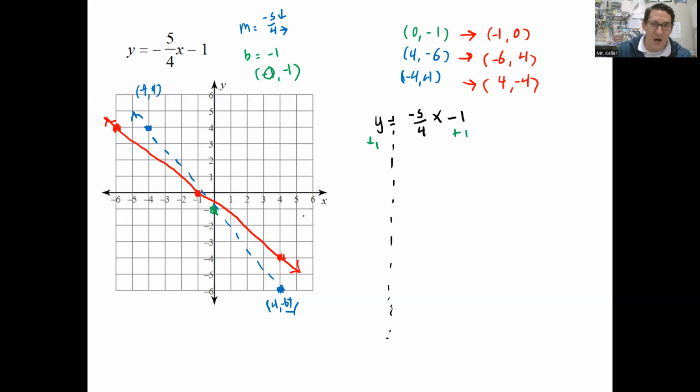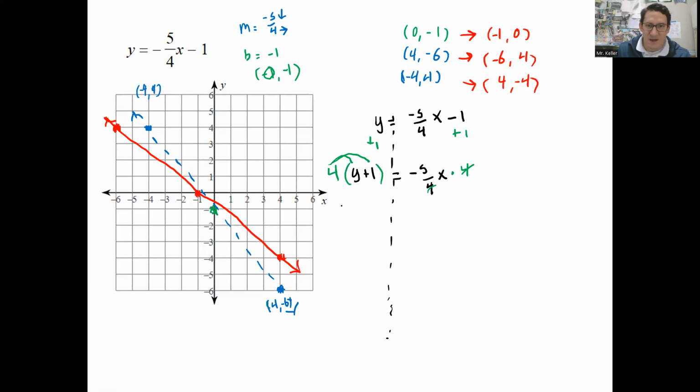You get y plus 1 is equal to negative 5 fourths x. Then I'm going to multiply both sides by 4. When I multiply this side by 4, I'm going to have to do the whole side. So this cancels out. I'm going to have to distribute over here.